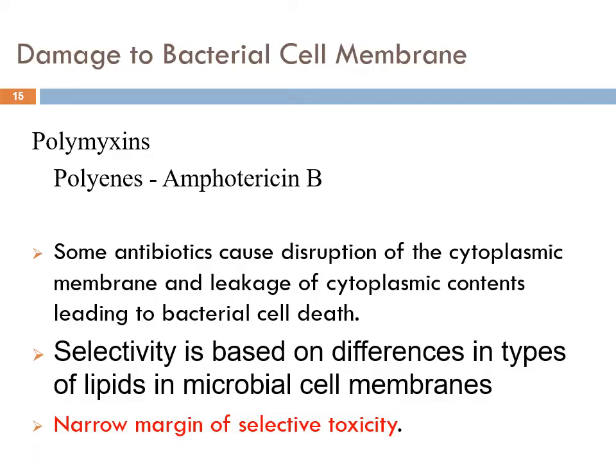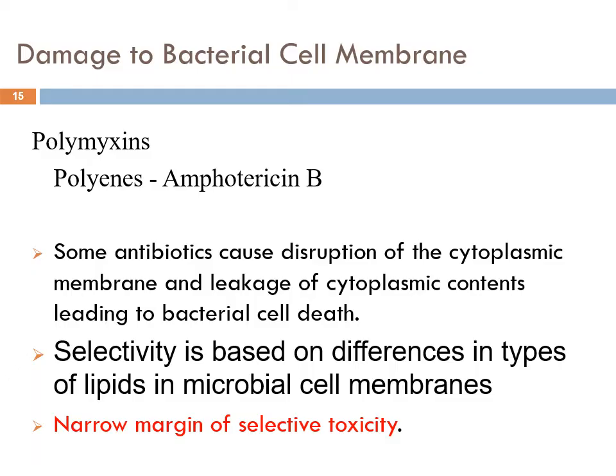The second point in the mechanism of action of antimicrobial agents is the inhibition of bacterial cytoplasmic membrane function, where some antibiotics lead to disruption of the cytoplasmic membrane and leakage of the cytoplasmic contents, leading to bacterial cell death.